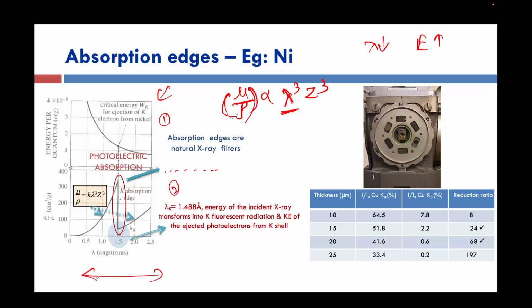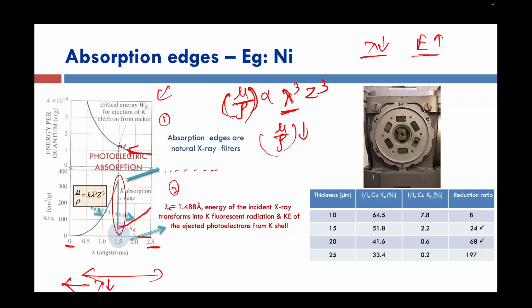If I'm going this side, wavelength is decreasing; you can see 2.5 angstrom, 0 angstrom. So when I am coming from 2.5 angstrom, my energy curve is increasing, right? Because lambda decreasing means my energy will be increasing. Since lambda decreases, mu by rho also decreases. That means my mass absorption coefficient is also decreasing in this curve.